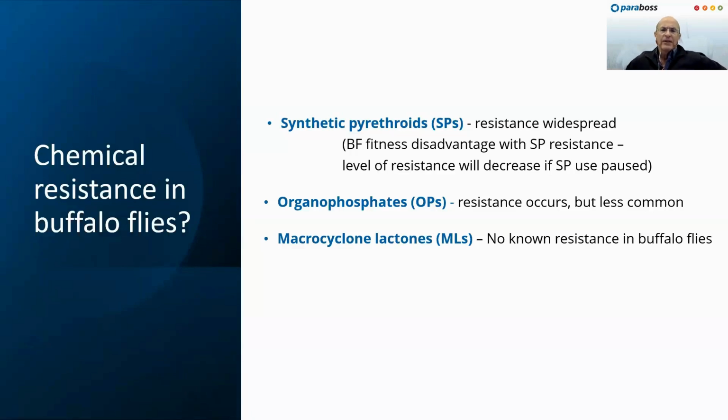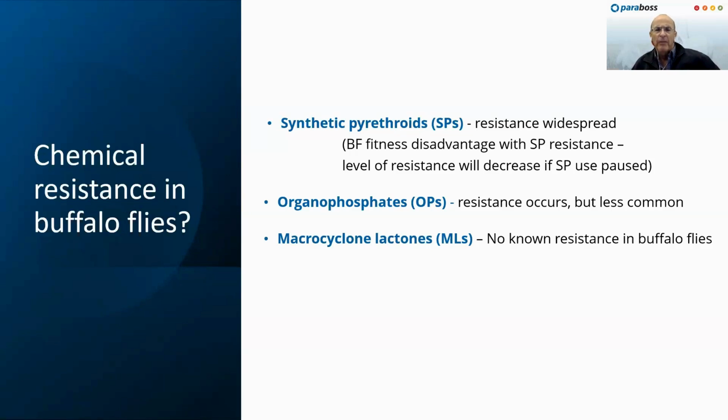Chemical resistance. Now, this is one of the issues with all of our chemical controls for just about all of our parasites. As I said, the three main groups of chemicals that we have are synthetic pyrethroids, organophosphates, and the macrocyclic lactones. This is why it's important to know which group your product is in. There's resistance to synthetic pyrethroids in pretty much all areas.